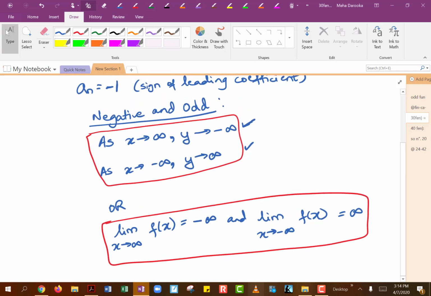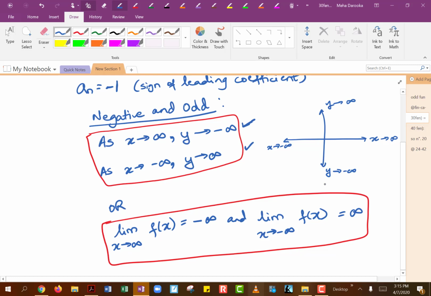Okay, and then remember, graphically, of course this is the direction where x goes to infinity, and x goes to negative infinity on this side. This one is y goes to positive infinity here, and y goes to negative infinity as you go down.